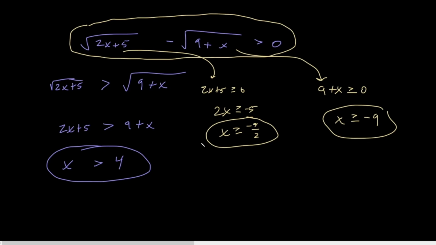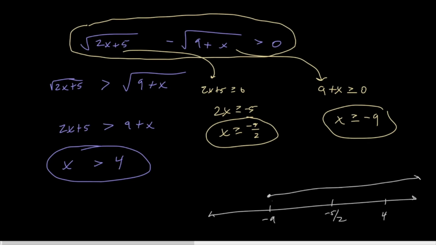So let me construct my number line. Negative 9, negative 5 halves, and 4. So it's greater than or equal to both of these guys from the roots. And this is the answer we got. So what kind of numbers satisfy all three number lines? Well, it's everything from 4 onwards.